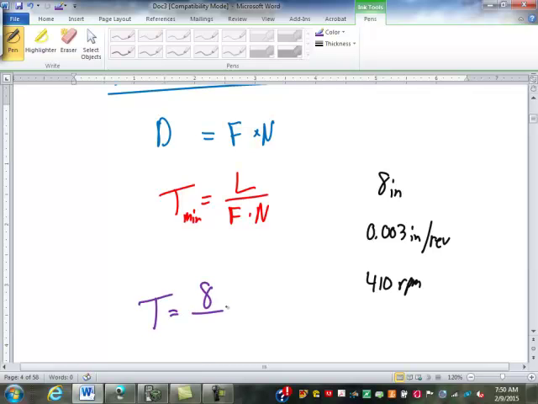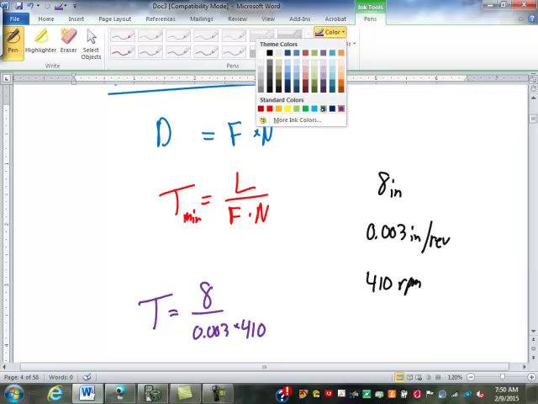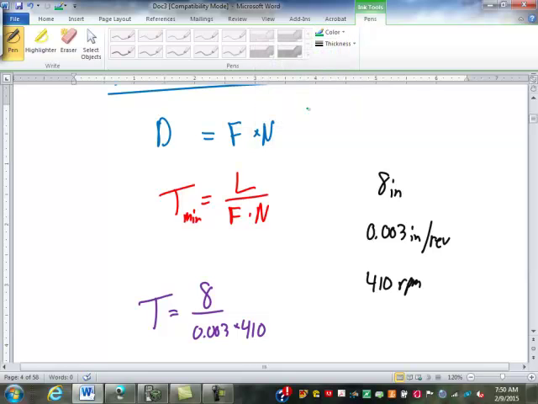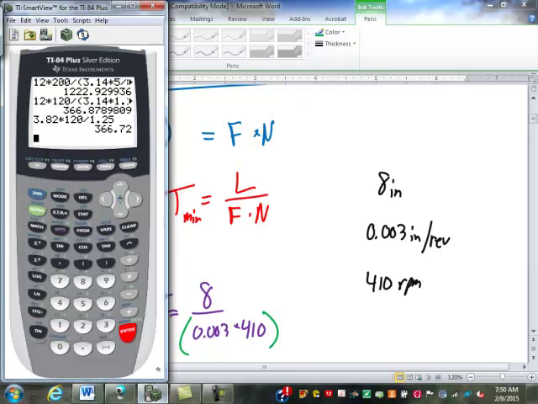So we have 8 over 0.003 times 410. Now again, if you're putting this in your calculator, anytime you have more than one thing on the bottom of that fraction, what do we have to remember to do? Parentheses around it. Very good. So this is 8 divided by parentheses 0.003 times 410. Close.